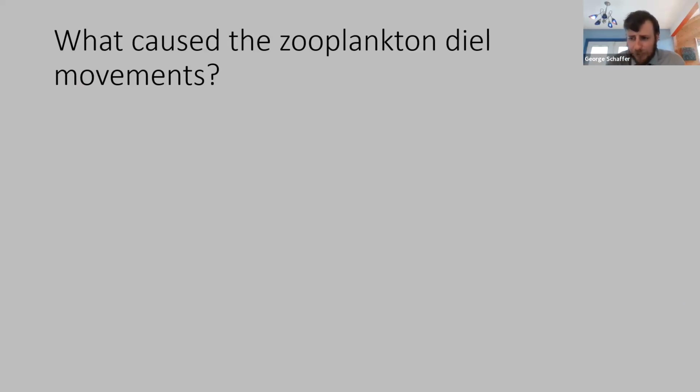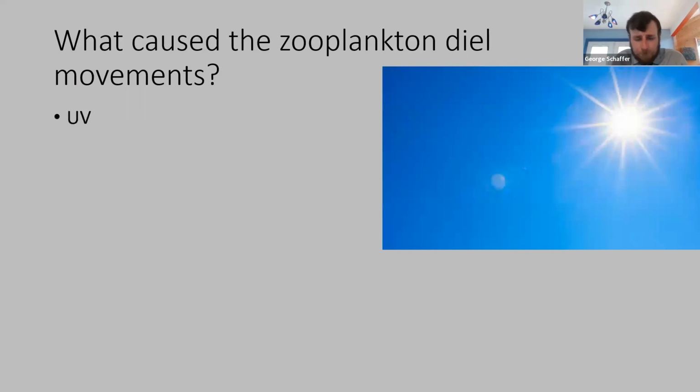So with zooplankton, or larger-bodied zooplankton, moving in the off-channel, that then leads to the question of what caused zooplankton diel movements. An initial thought is UV, and zooplankton have been seen to experience diel movements to avoid UV, because UV rays can cause damage to tissues and lead to mortality in zooplankton.